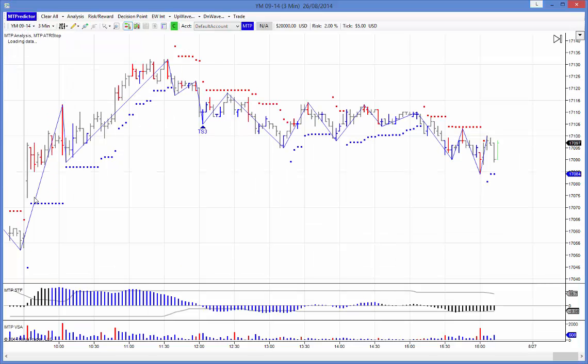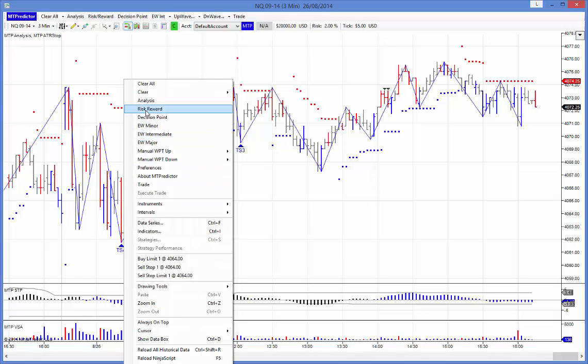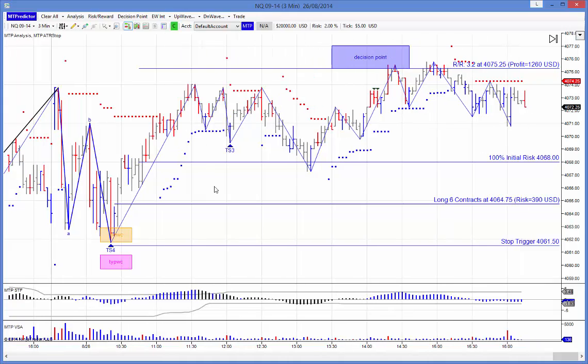Let's have a look at the NQ. The NQ was an interesting day where STF was blue. We had a buy setup here, this TS4 buy setup. Let's place the analysis on that blue buy bar. The market actually went up to the first target very nicely. And if we look at the day as a whole, this TS4 was set up on the bar of the low of the day.